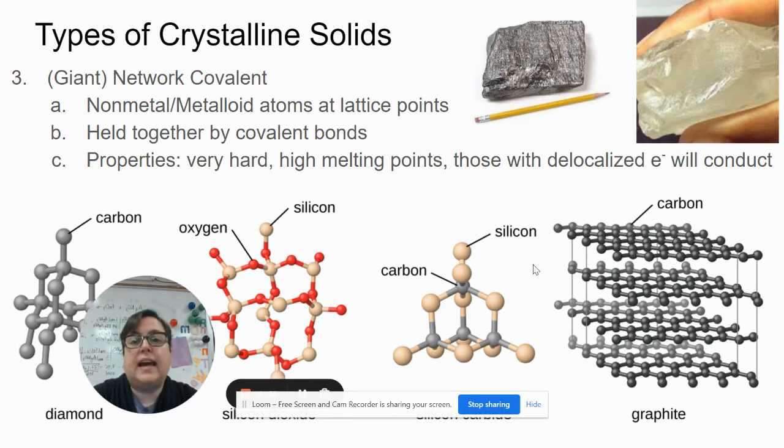They're very hard, they have high melting points, and if it has delocalized electrons, then it will conduct electricity. So our pencil lead, or graphite, has those delocalized electrons, so it actually conducts. So don't stick your pencil in an outlet. But diamond and sand do not conduct because they're missing those delocalized electrons.